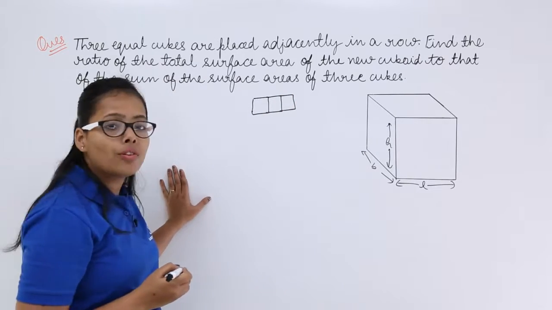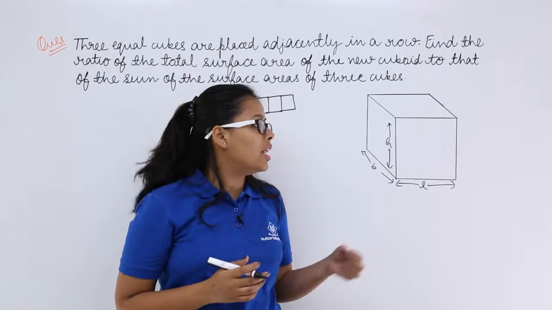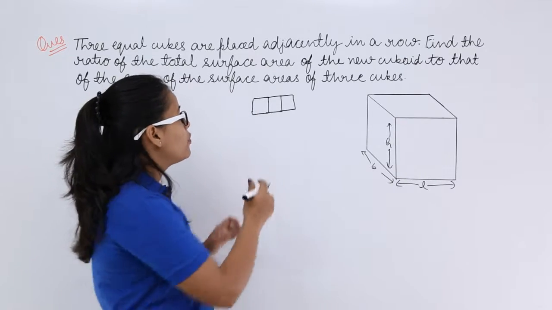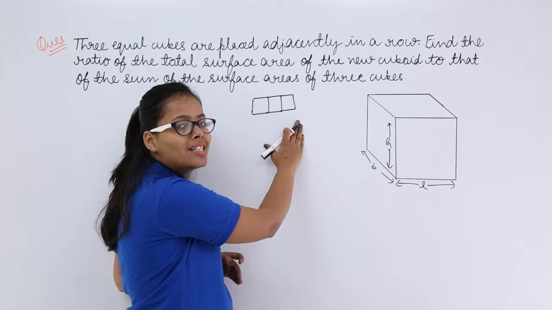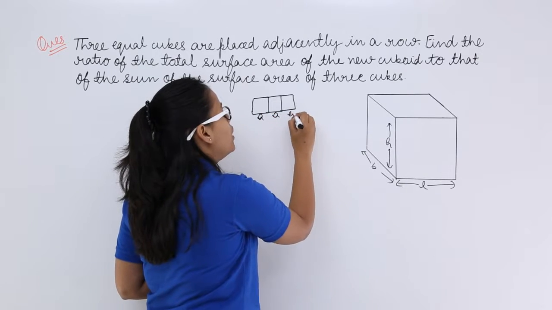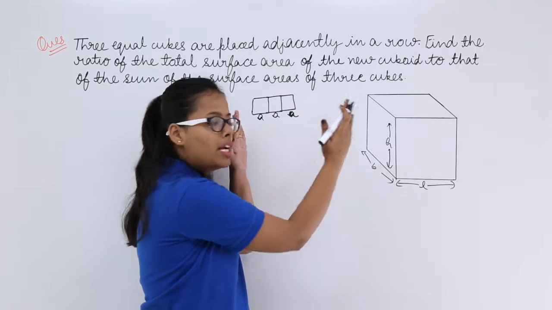And you know that all of these boxes are cubes, not cuboids, which means the length, breadth and height are going to be the same. When cubes are placed adjacently in a row, the length will increase. Why? Because we are placing them adjacently.